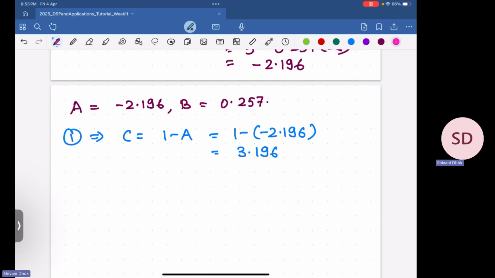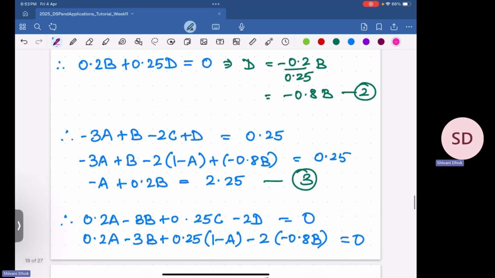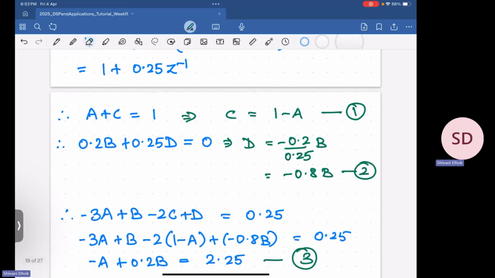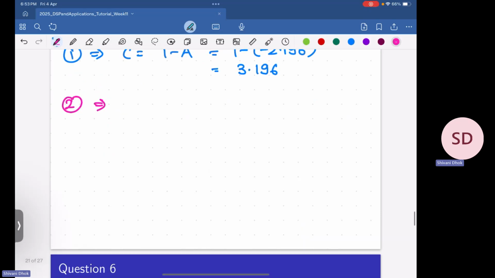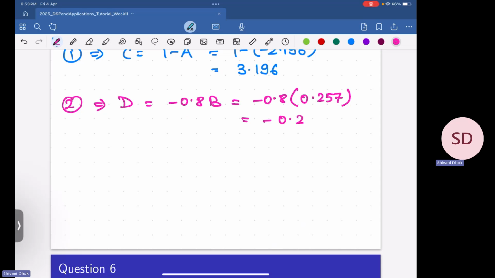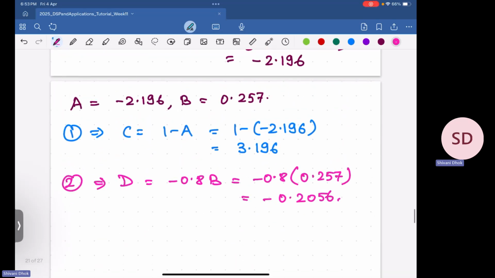And similarly, equation 2 implies d is equal to minus 0.8b, which is equal to minus 0.8 into 0.257. This comes out to be equal to minus 0.2056. Okay, so what all things do we have now? We have a, b, c and d.